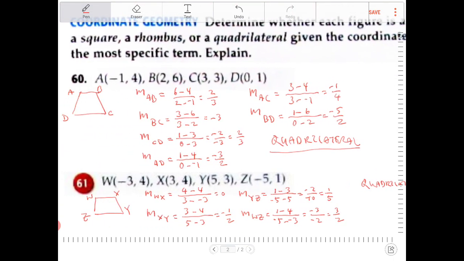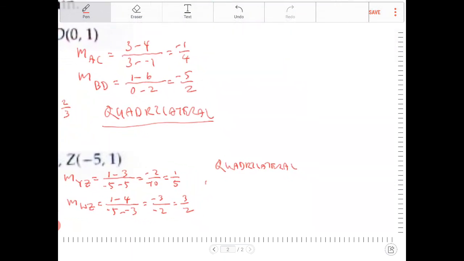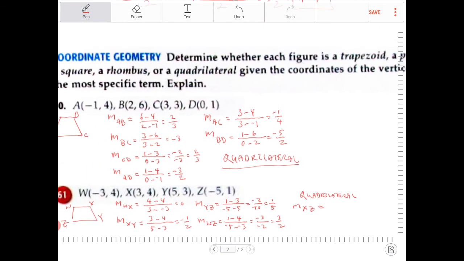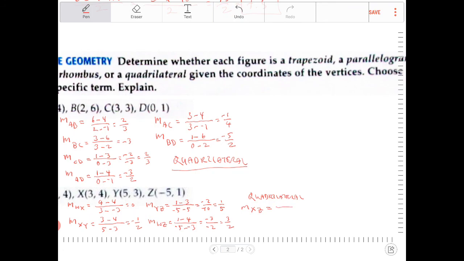I'm going to find the slope of XZ and WY. What's the slope of XZ? That would be 1 minus 4 over negative 5 minus 3, and that would be negative 3 over negative 8, or 3/8.